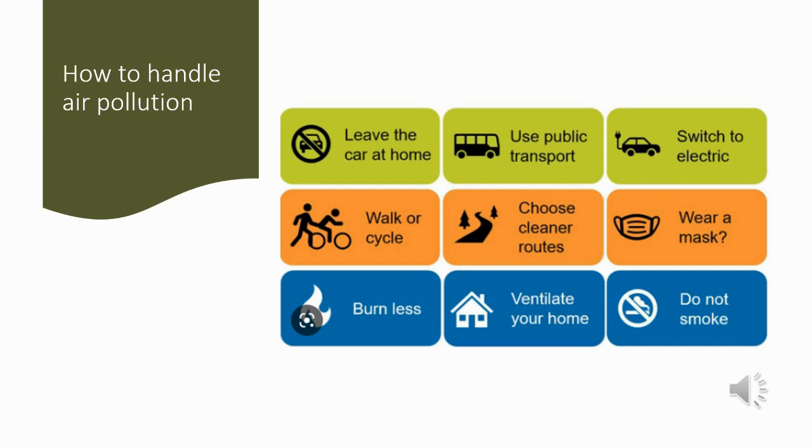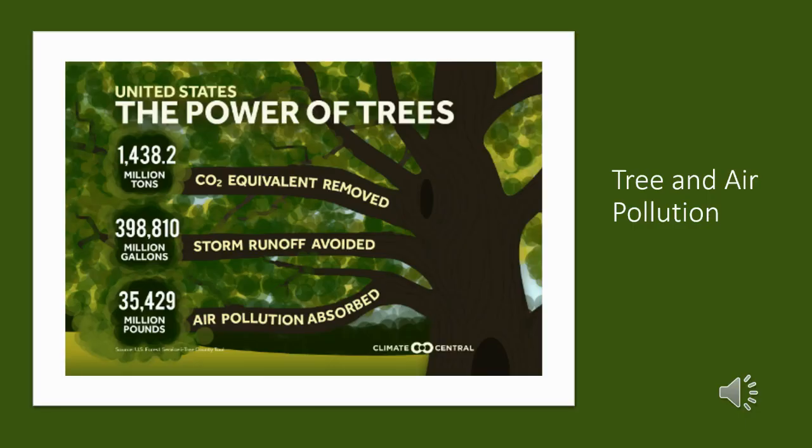Choose cleaner routes, wear masks, burn less, and maintain good air flow in the office and at home. Do not smoke, ensure proper dusting and lesser carbon emission. Do not forget to follow the Go Green initiative.